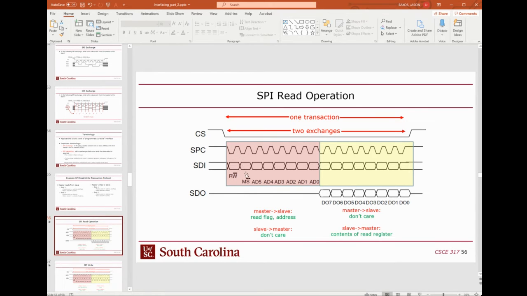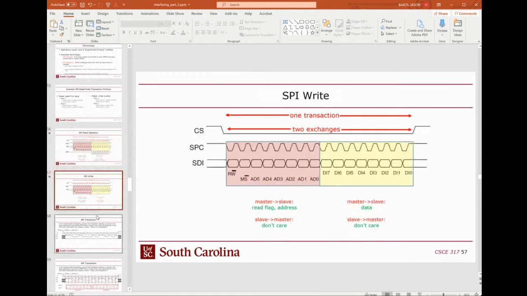The second bit is a multiple or single indicator, a flag, and then we have 6 address bits. So the first exchange is a header. It sets the thing up. And then the following exchanges are the data that either go from the master to the slave or the slave to the master. So that's really all there is to that.